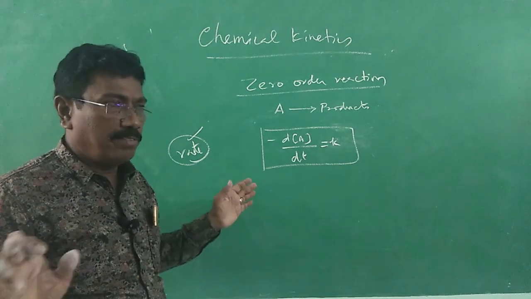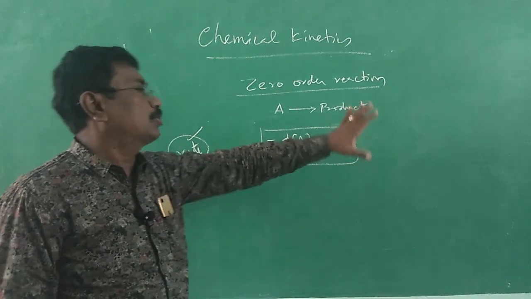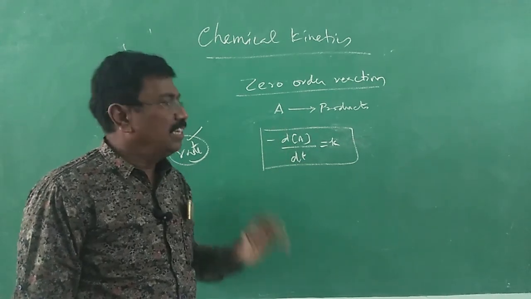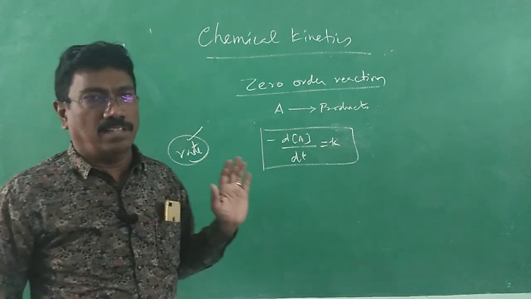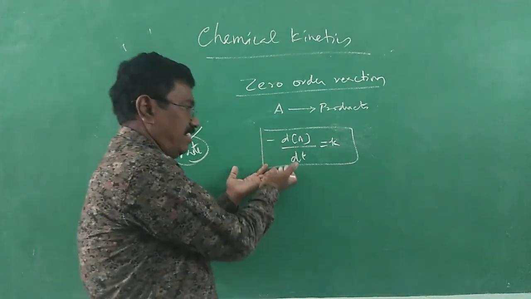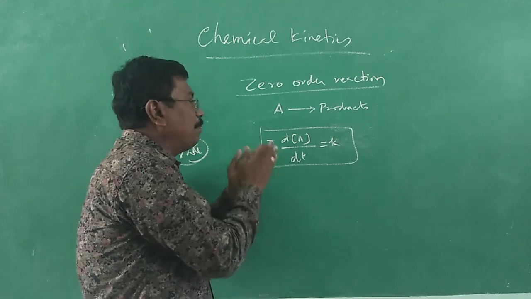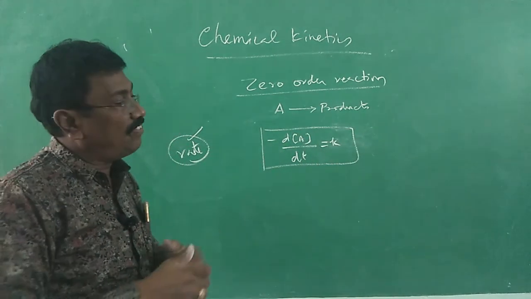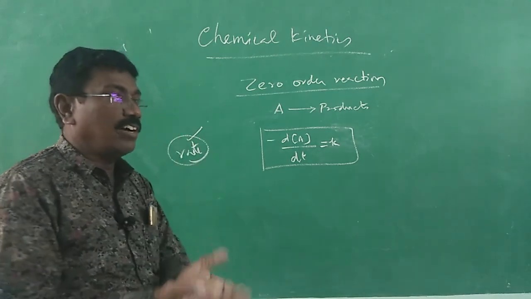In my area, I have a showroom, so I visit there, choose a color and order, and they deliver the same. So the rate of sales is independent of the number of cars. That is zero order. So the sale of a Skoda car is zero order.